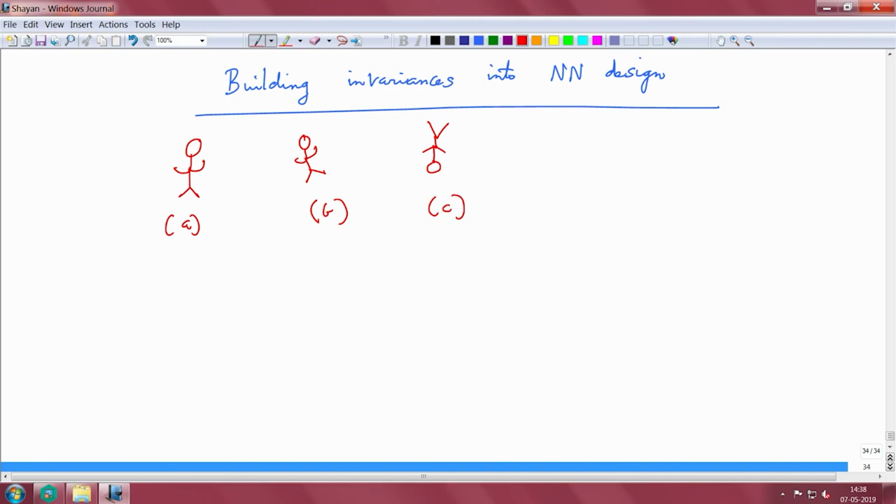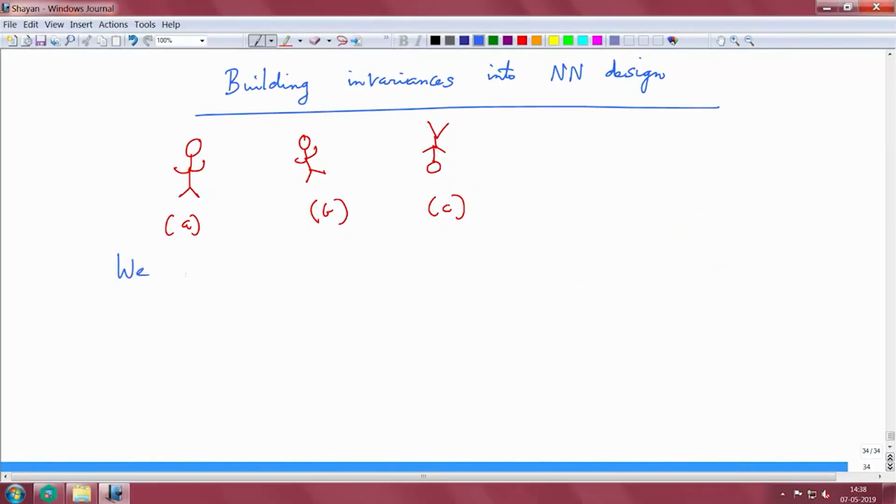When we perceive all these images, we think they are the same. Our visual system perceives all these invariances to be the same. How can we make a neural network learn these invariances, right?